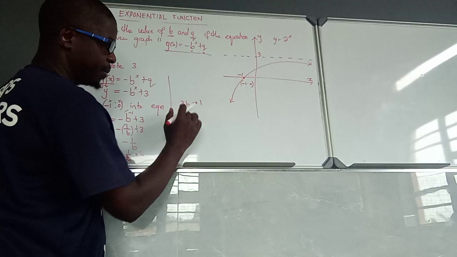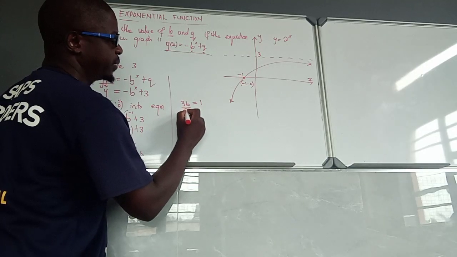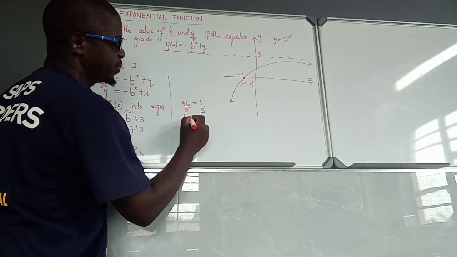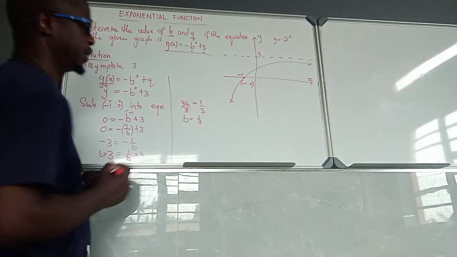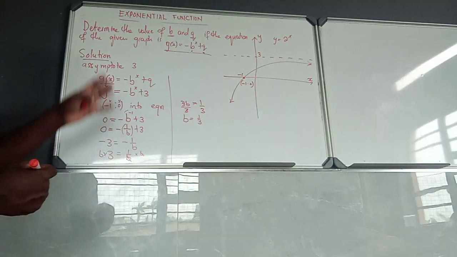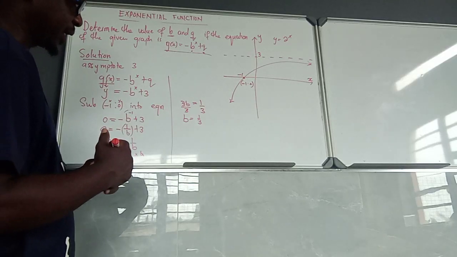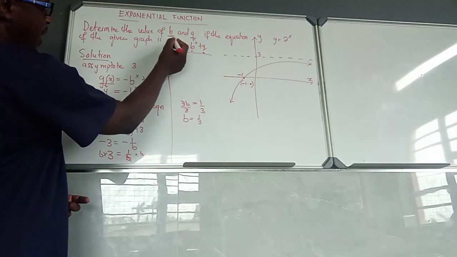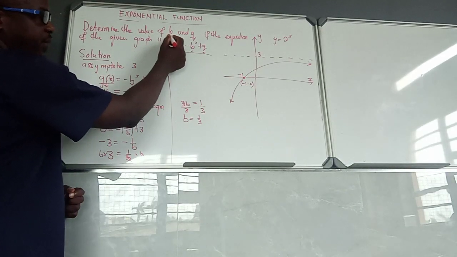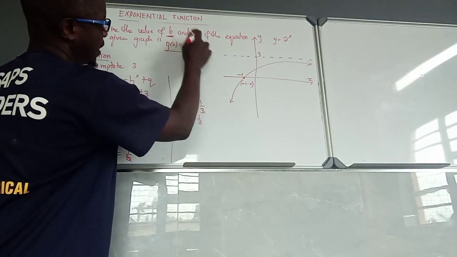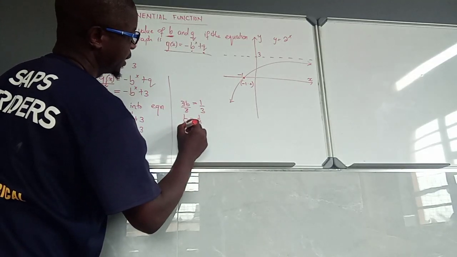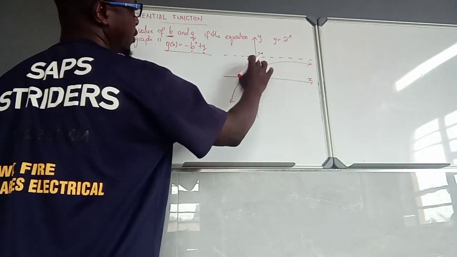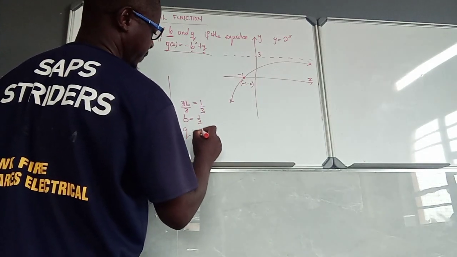What am I looking for? I'm looking for b. So I'm going to divide by 3, divide by 3. So when I do that, I'll have b is equal to 1 over 3. So now this brings us to the end of this problem, because we are asked to find the value of b, which is a third, and q, we already found what q is. q is equal to 3.